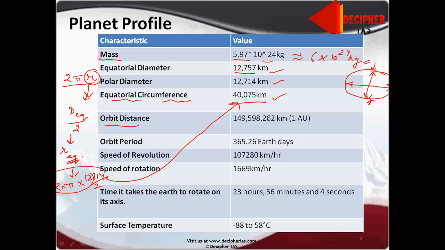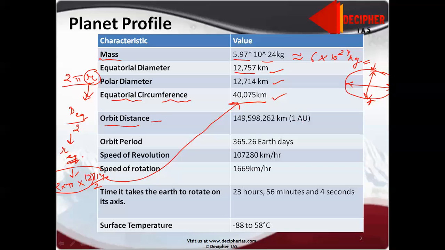Now Earth rotates also, revolves also. When Earth rotates, it rotates on its own axis, and when Earth revolves, it revolves around the Sun. So this orbit distance is the distance between the Sun and the Earth.